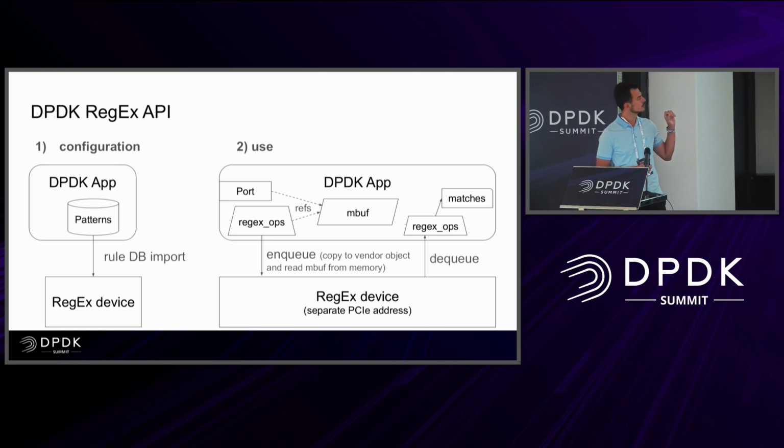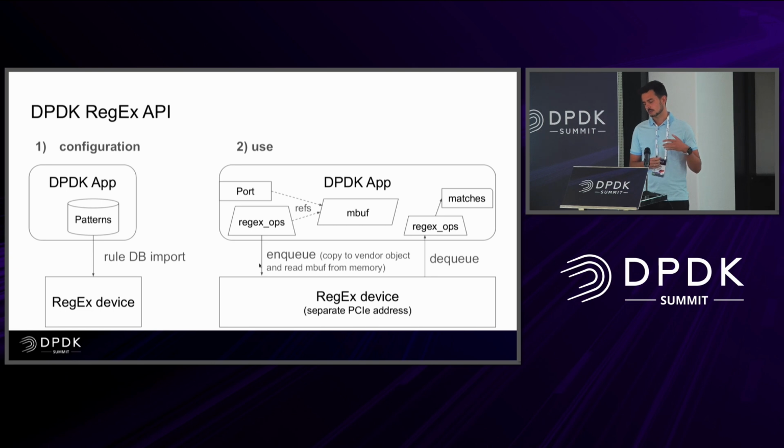In the configuration step, you configure the Regex device, and then you have a set of patterns that you want to load into it. When using the device, you receive, let's say, an mbuf from a port. Then you initialize the DPDK Regex ops structure with a reference to the mbuf and some other configuration fields, and then you enqueue the operation to the Regex device.